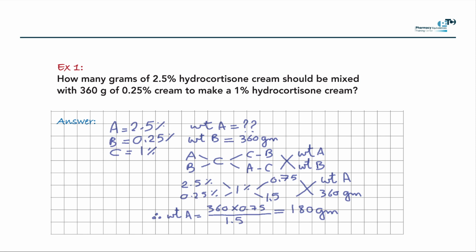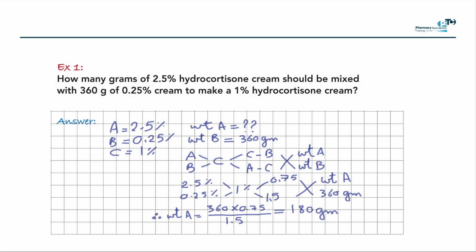He needs the weight of A, how many grams of A, whose concentration is 2.5%. Here we have the formula. We have A, B, C, and weight of B. The last thing needed is the weight of A.